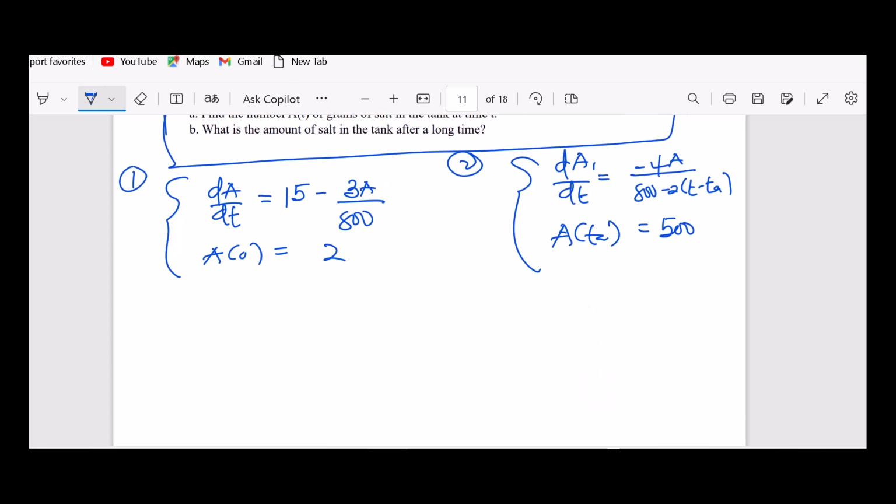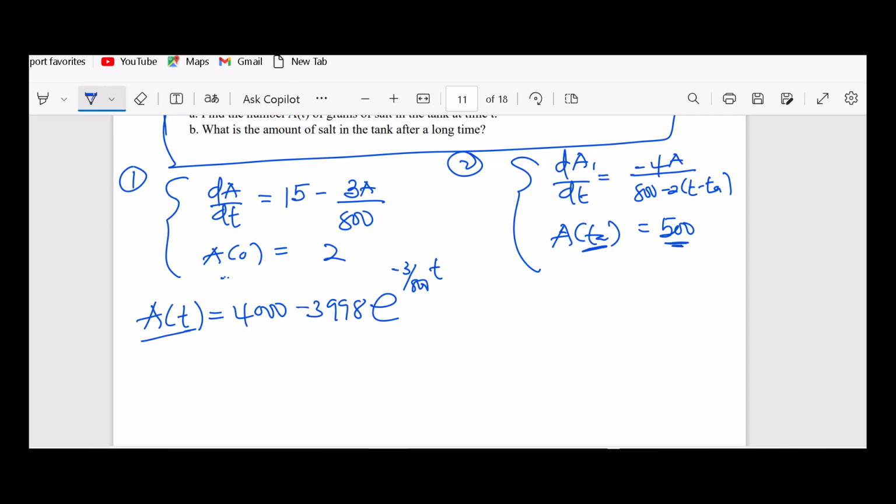Good. Now when we solved this, we had A of T equals 4000 minus 3998 e to the power negative 3 over 800 T. Now when the time reaches T of A, the ounces became this.